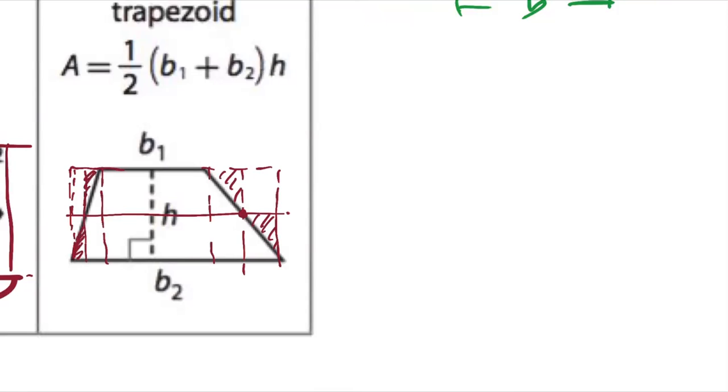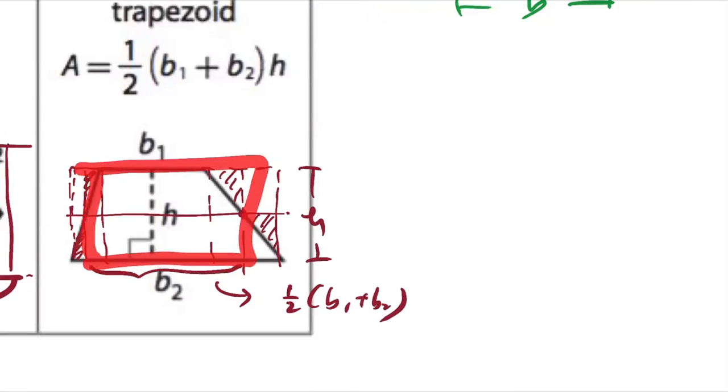As it turns out, that distance right there is the average of the two bases. And the height is the same. So to find the area, this rectangle right here is that times the height. So that's one way to look at it. There are some other proofs, but I think that is sufficient.